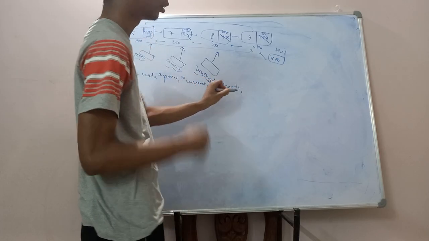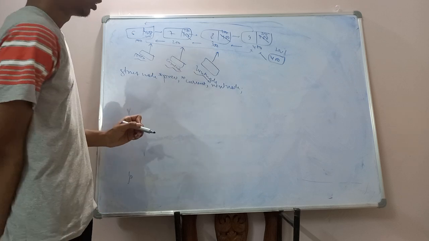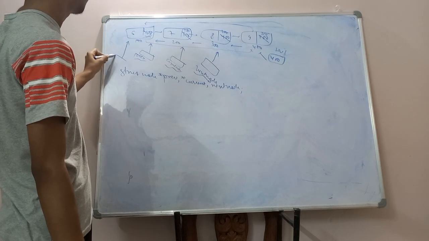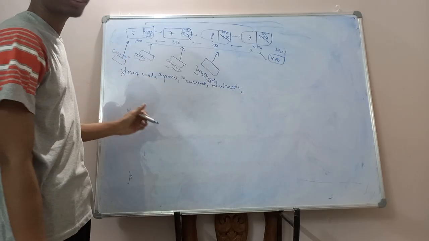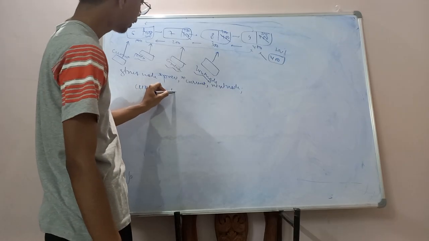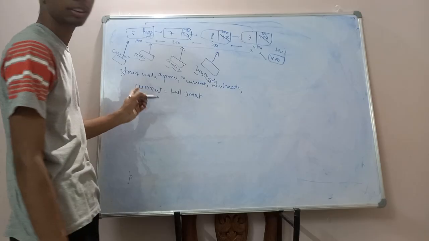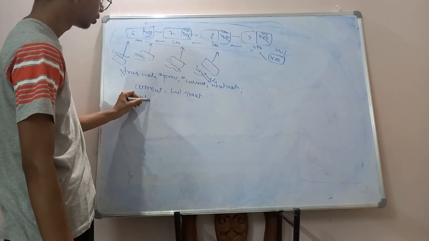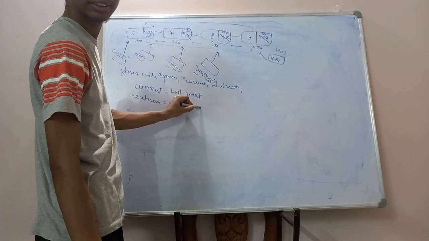Now I will start my current pointing to the first node. So I will write current is equal to tail next, and then next node is equal to current next.